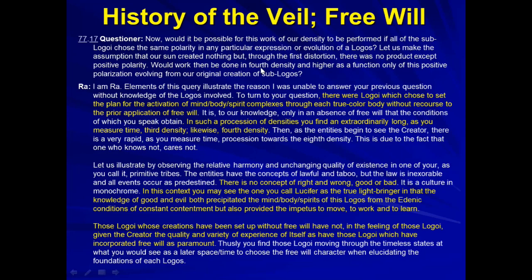Would work then be done in fourth density and higher as a function only of this positive polarization, evolving from our original creation of the sublogos or our sun? So it's a bit of a confusing question. Let's see how Ra teases it apart.